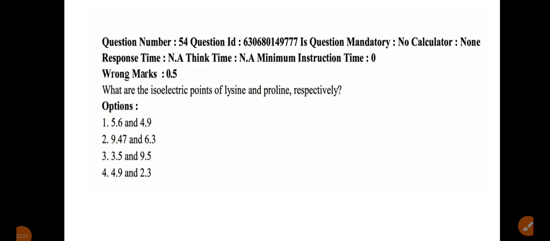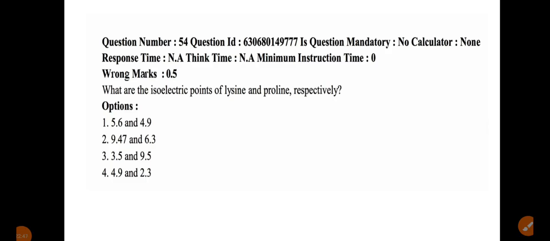What are the isoelectric points of lysine and proline respectively? These are very direct questions from biochemistry: what is the isoelectric point of specific amino acids? You have to go through this, guys. The options are 5.6 and 4.9, 9.47 and 6.3, 3.5 and 9.5, 4.9 and 2.3.